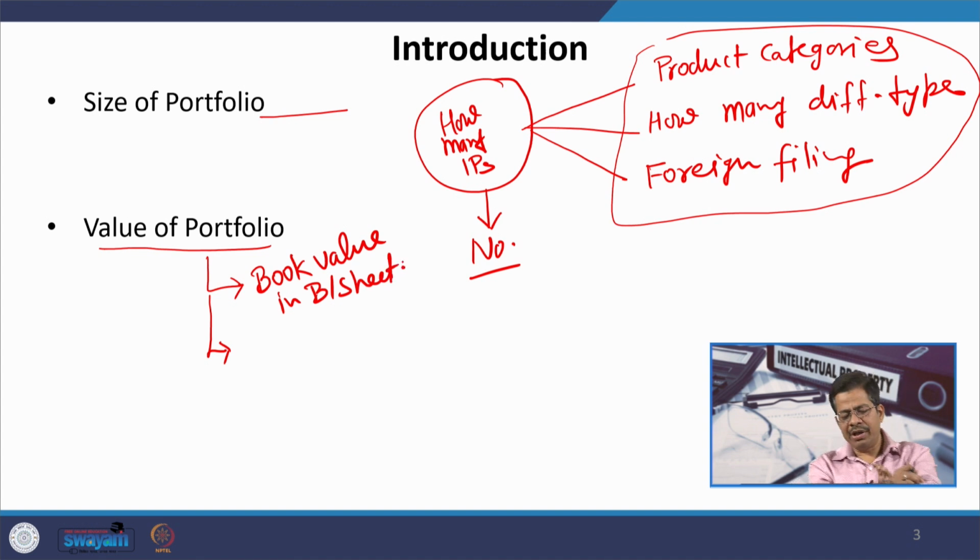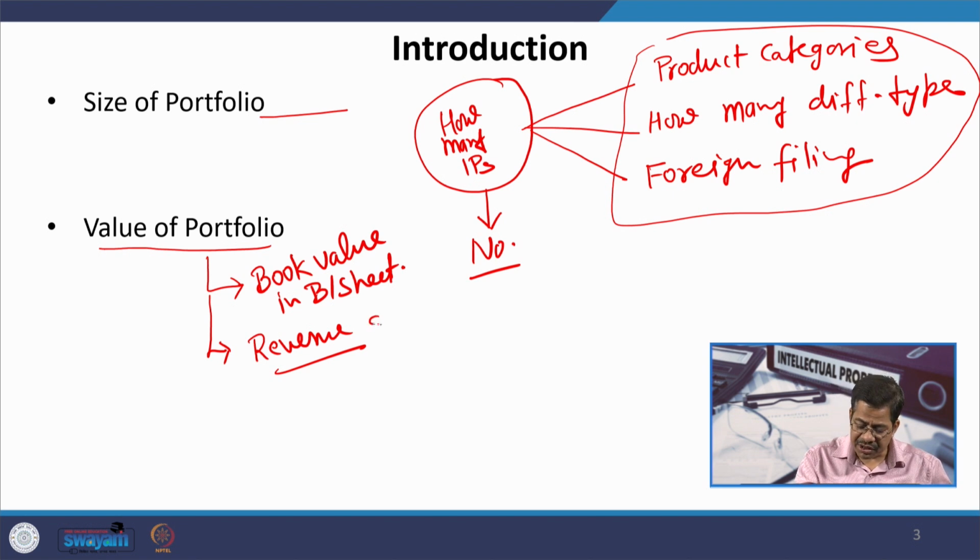And this book value in the balance sheet helps you in getting investors, it helps you in getting goodwill, branding, and other benefits which are possible by using the balance sheet book value for the purpose of your financial transactions.